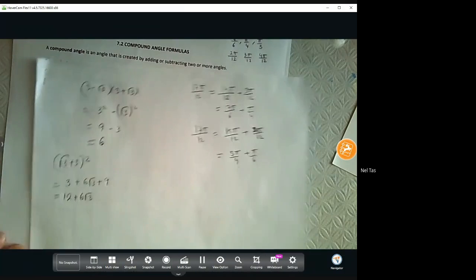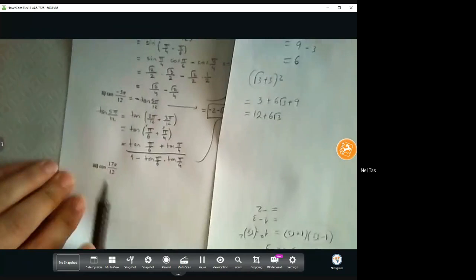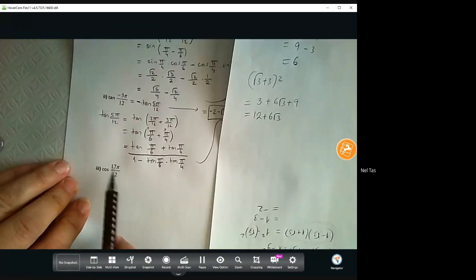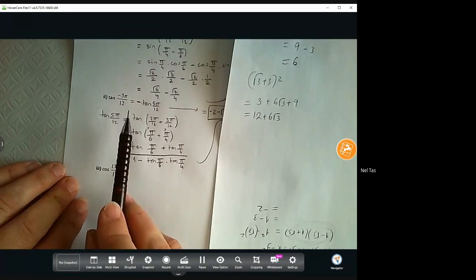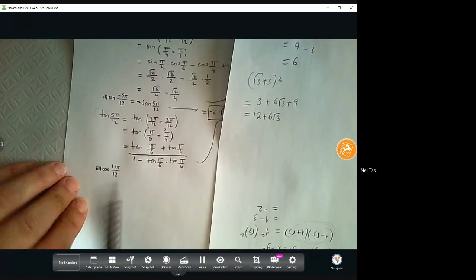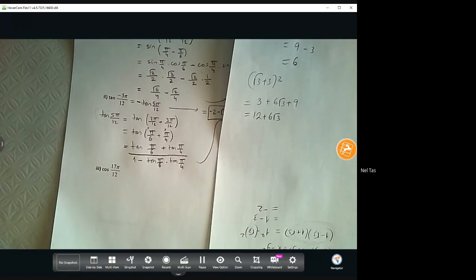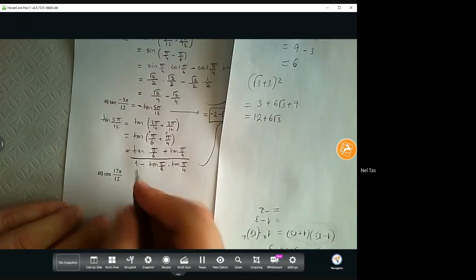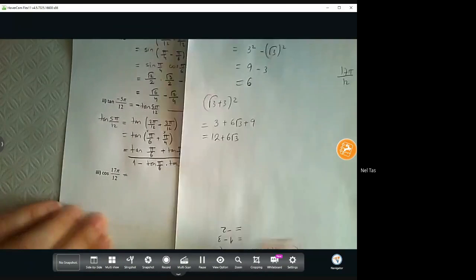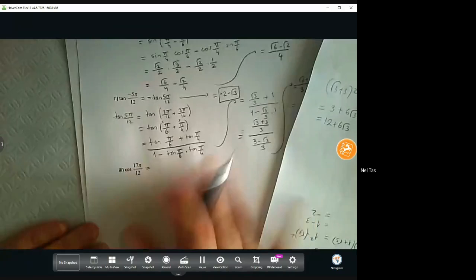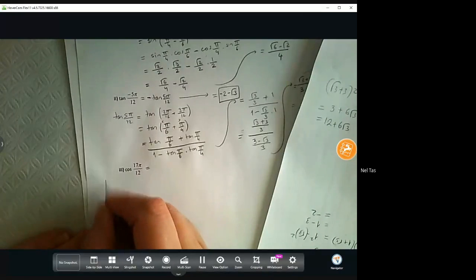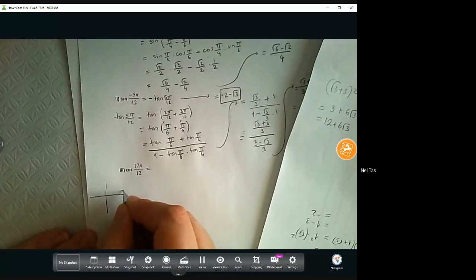Again, like the previous question, we can write the expression using the related acute angle, and then use compound angle formulas. So that's what I'm going to do here. Okay, so sketch. We can sketch 17 pi over 12. This is 0.